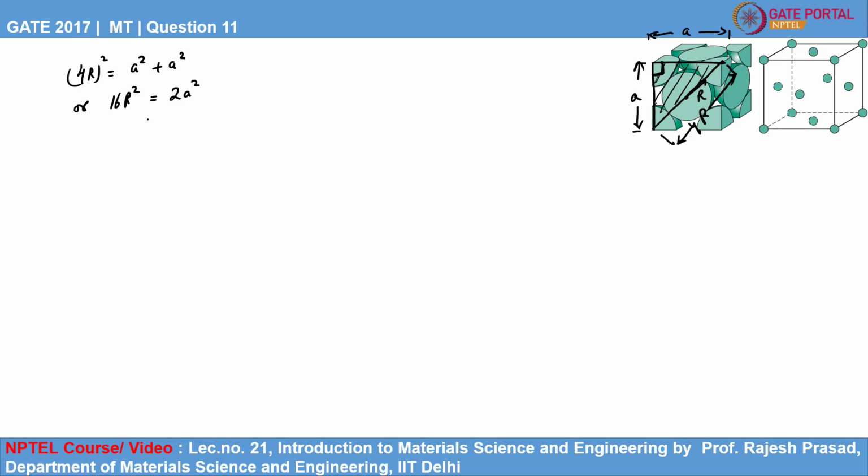Simplifying further, 8R square equals A square, or R is A by root 8, or A by 2 root 2.